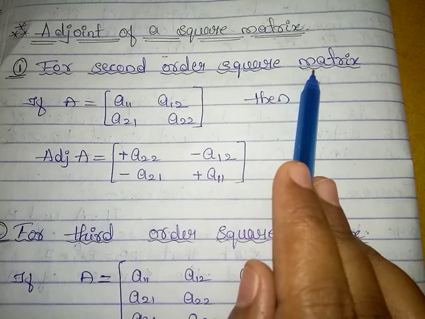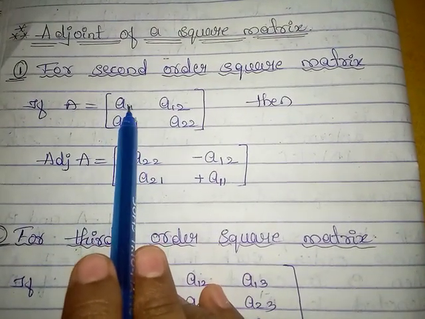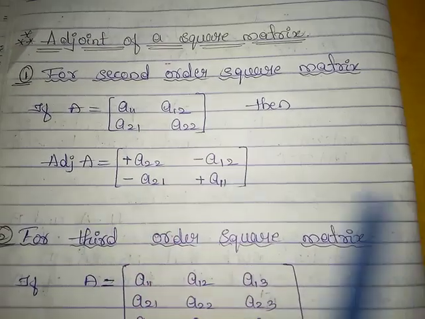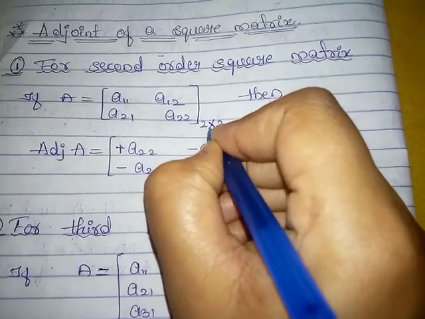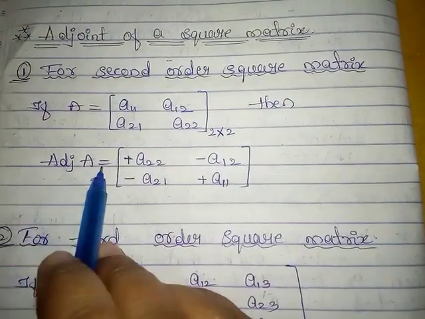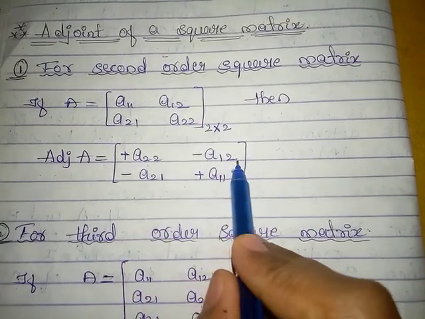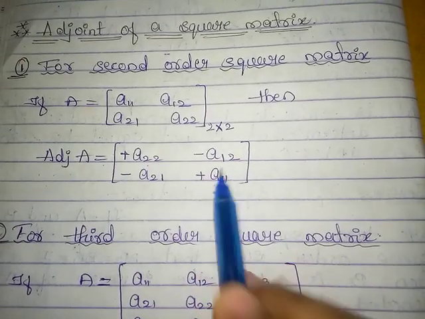For a second order square matrix, if A is equal to A11, A12, A21 and A22. Here we are taking a second order square matrix, that is a 2 cross 2 matrix. Then the adjoint of A is equal to A22, minus A12, minus A21 and A11.